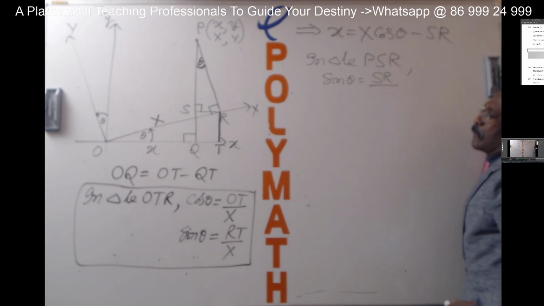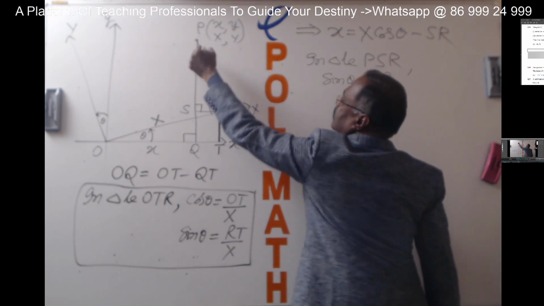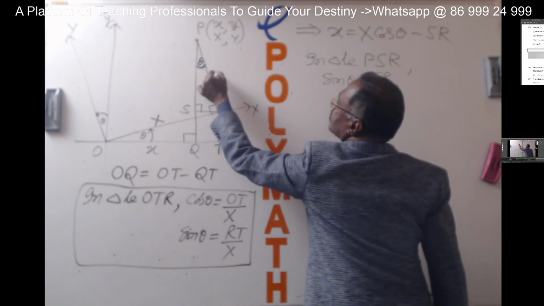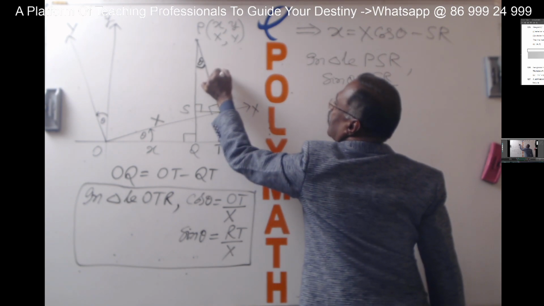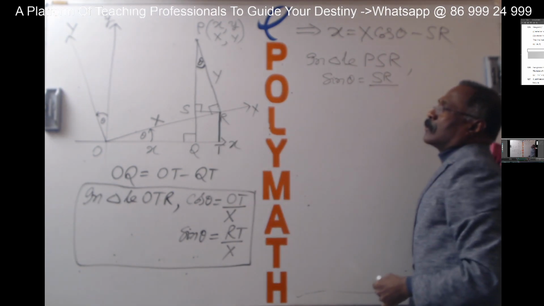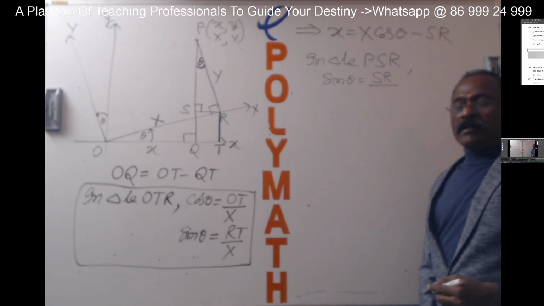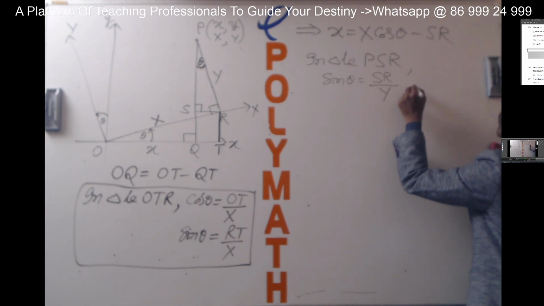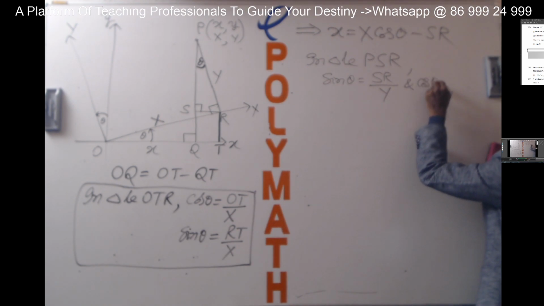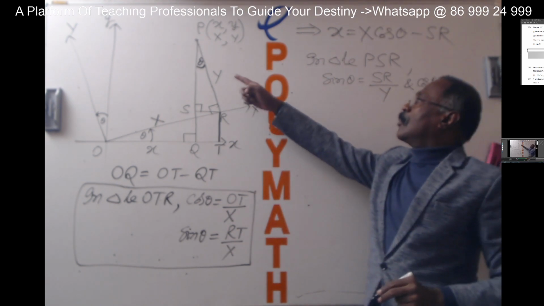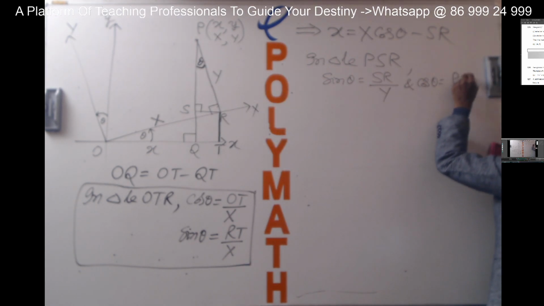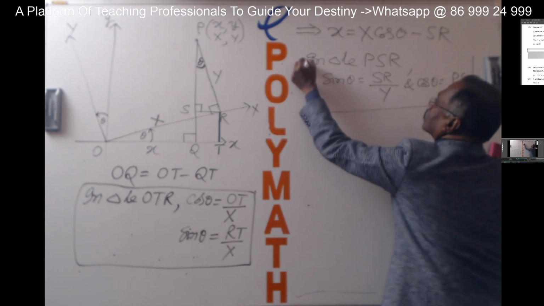SR divided by the height, which is nothing but capital Y. So sin theta is SR divided by capital Y, and cos theta is PS divided by capital Y. These are to be utilized further.